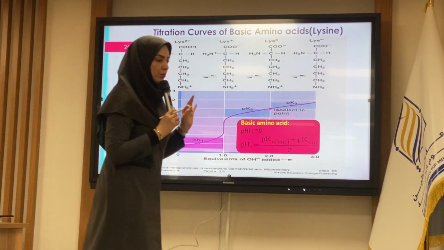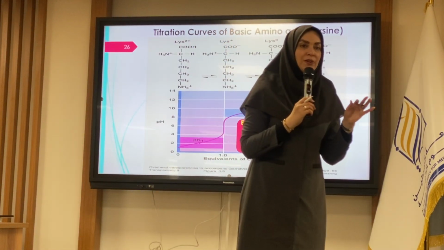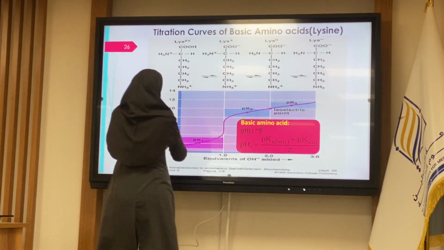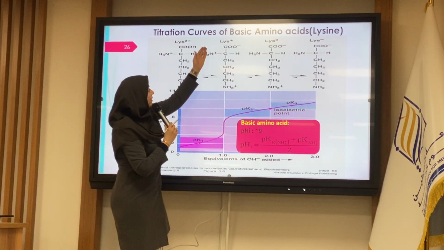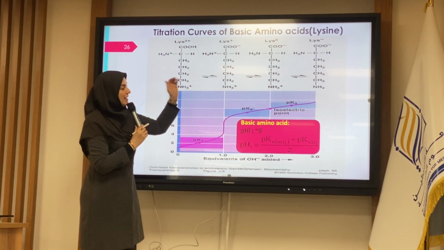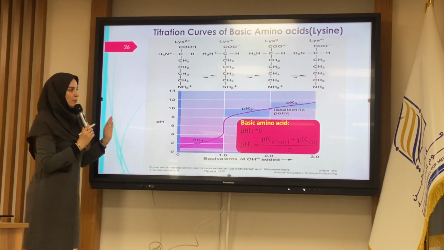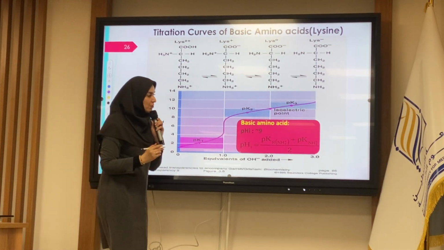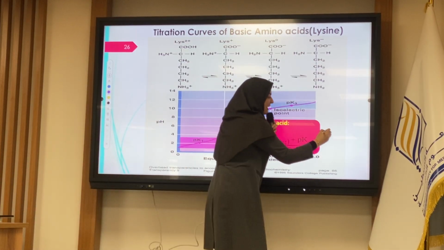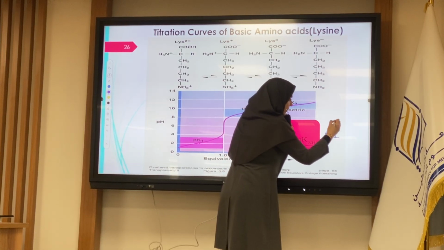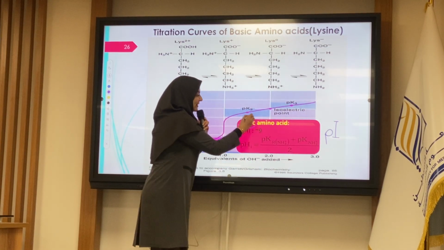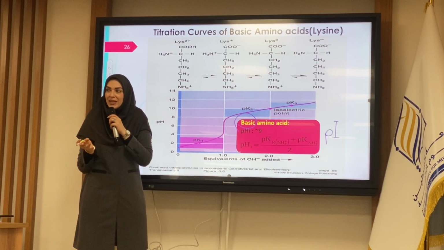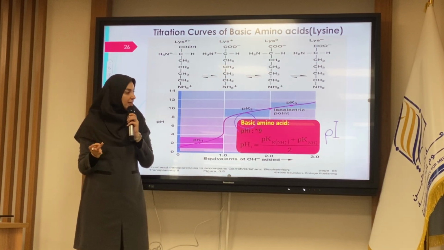About another amino acid, we have three sample questions. Sometimes I ask you to calculate the PI of a neutral amino acid. Sometimes I ask you to calculate the PI of a basic amino acid. The detail is not important, just know that whenever you want to calculate the PI or isoelectric pH of a basic amino acid, especially I ask you about lysine and arginine, okay?